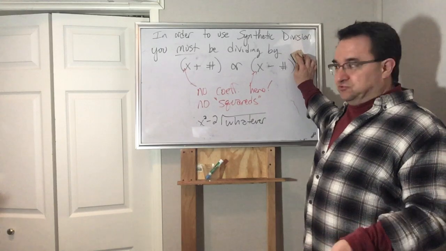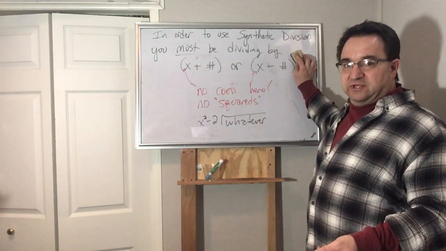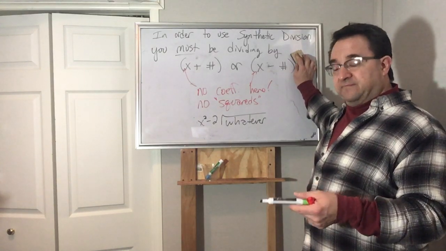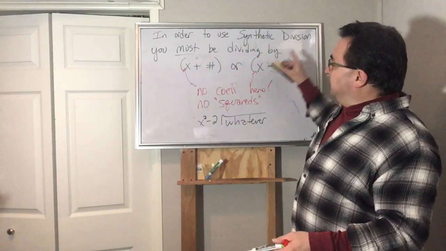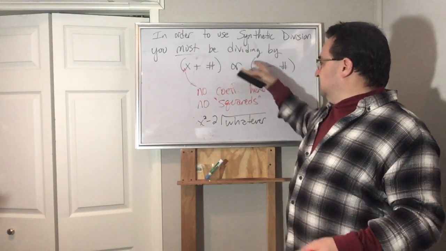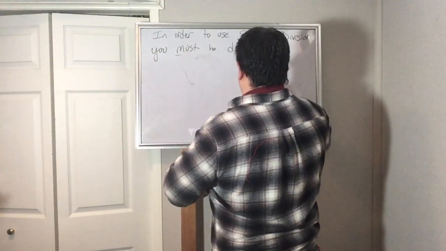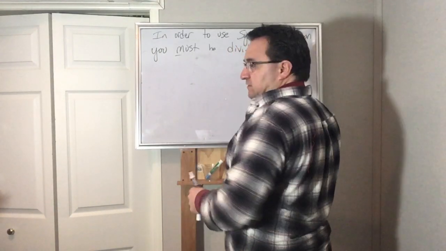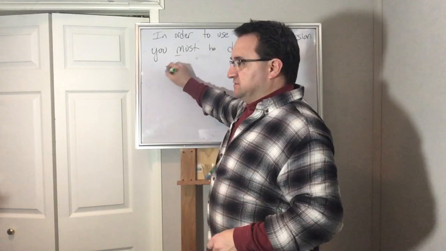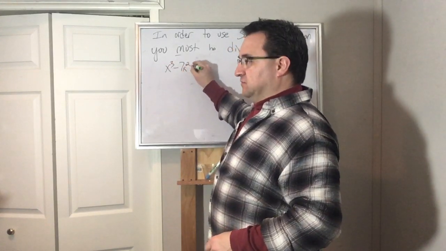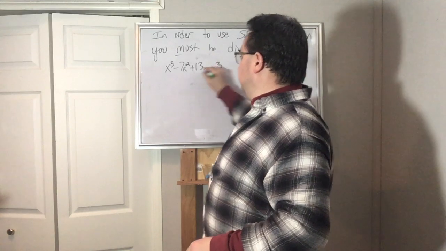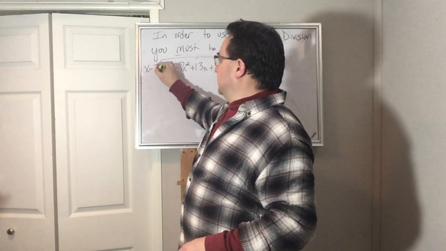So let's go back and revisit the first 2 examples we did, because those were both divided by x minus 2, and that works. X minus 2, nothing to mess it up. So our first example was x cubed minus 7x squared plus 13x plus 3, and we were dividing by x minus 2.